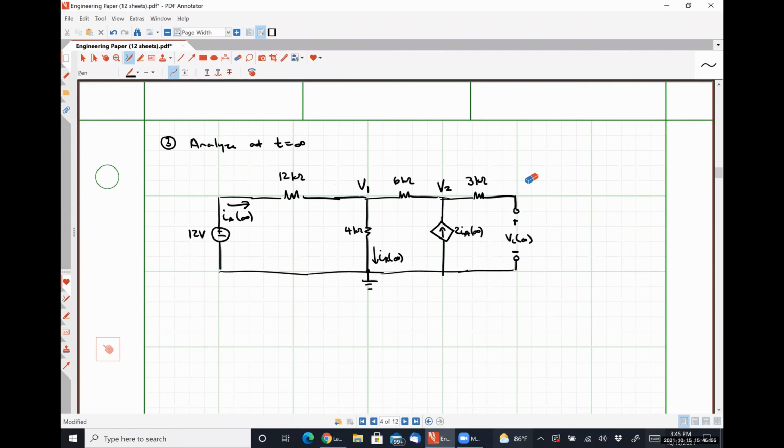Exactly right. The voltage drop over it will be 0 because Ohm's law tells us that V is equal to I times R. And if I is 0, V has to be 0. So VC, and I'll write this down just so we don't forget about it in a moment, at infinity is the exact same thing as that nodal voltage V2.